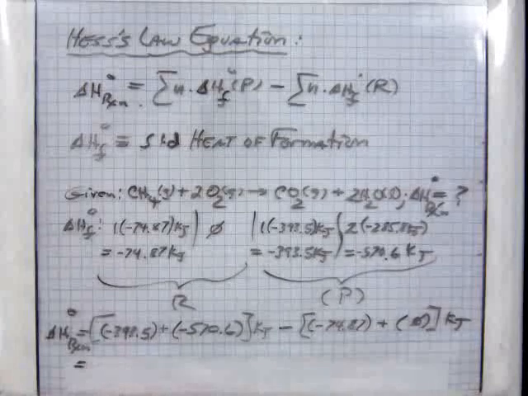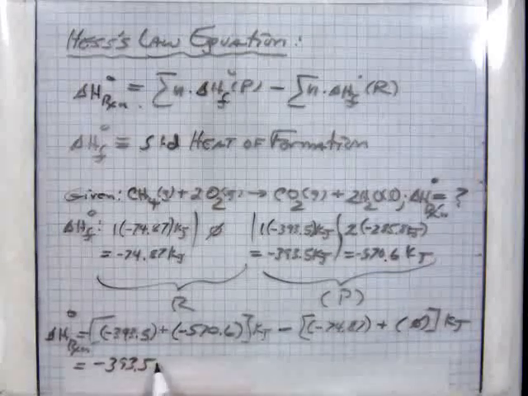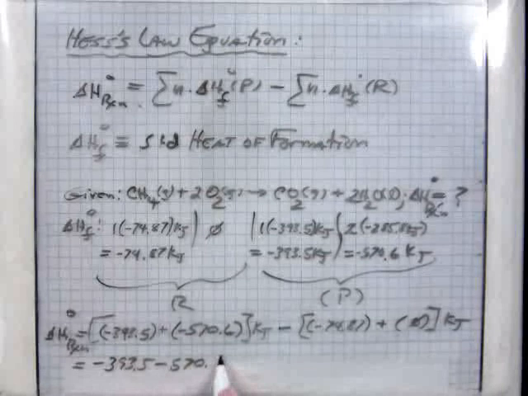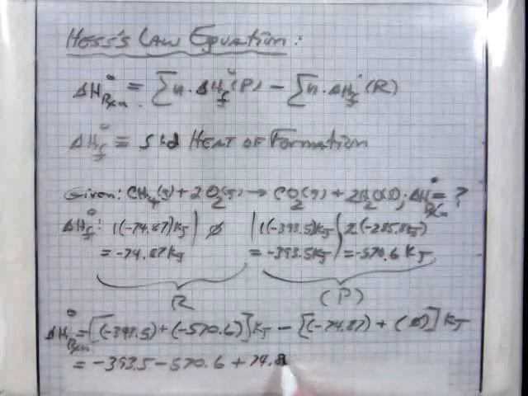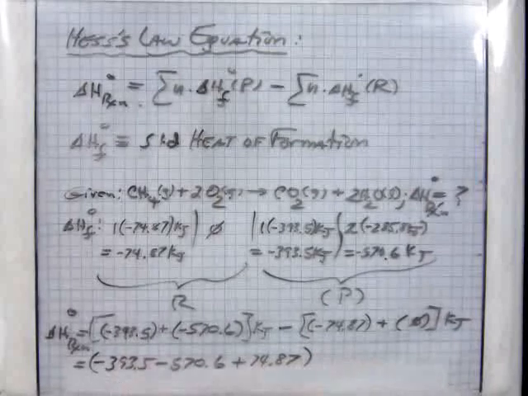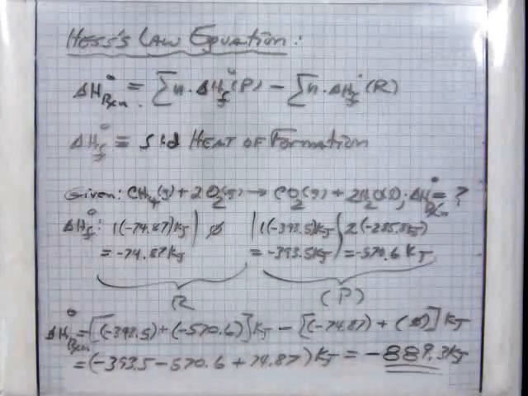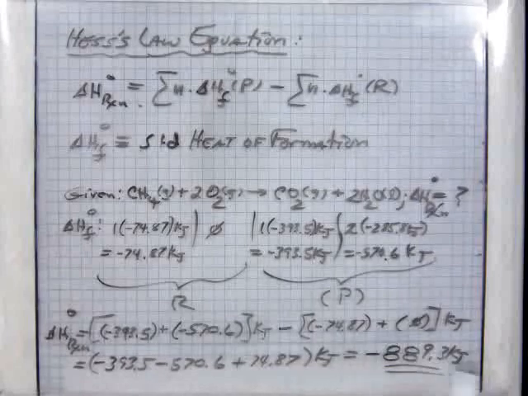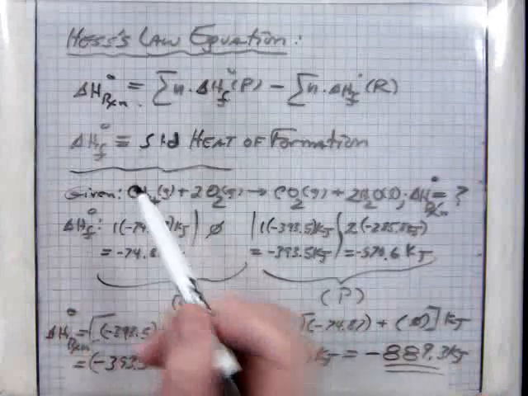So simplifying, removing and distributing the signage, 393.5 minus 570.6 plus, see, minus times a minus, 74.87, and of course 0, and everything comes out in kilojoules. I get a minus 889.3 net for the reaction given.